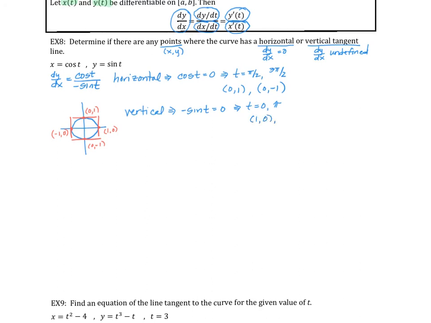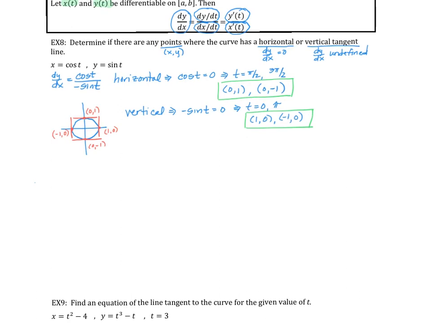And then when I put in pi, I get the point negative 1, 0, which is exactly what I expected to find when I looked at that graph. So this is a strategy of keeping everything in parametric form and then finding the x and the y values, given the t values that you solved for.